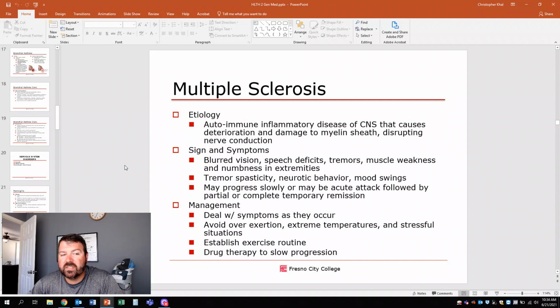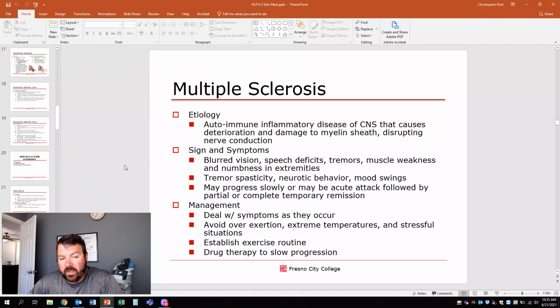Signs and symptoms: blurred vision, speech deficits, tremors, muscle weakness, numbness, spasticity, neurologic behavior, mood swings. It may progress slowly, or may have acute attacks following partial or complete temporary remission.